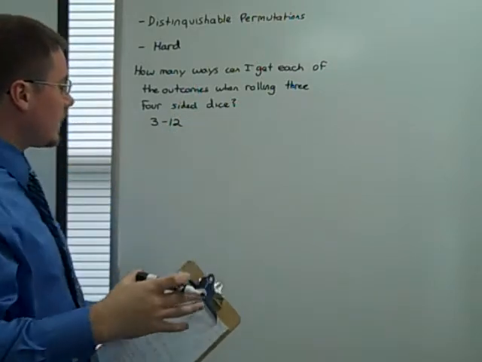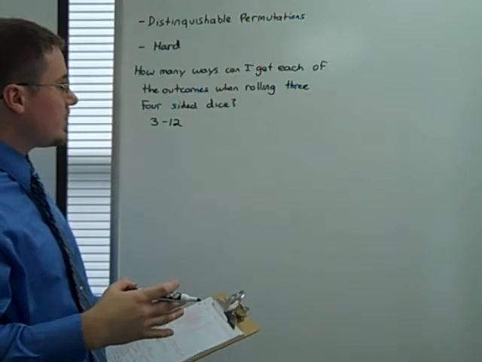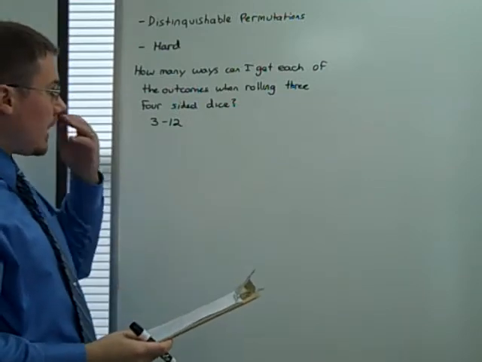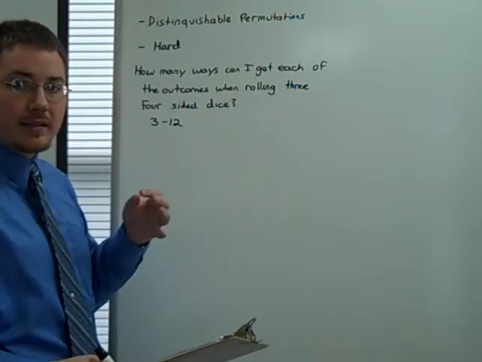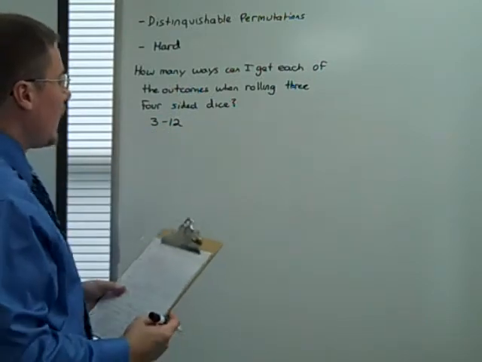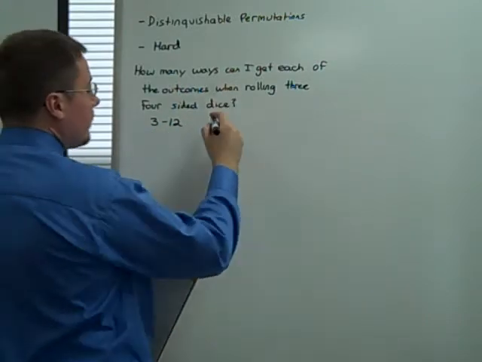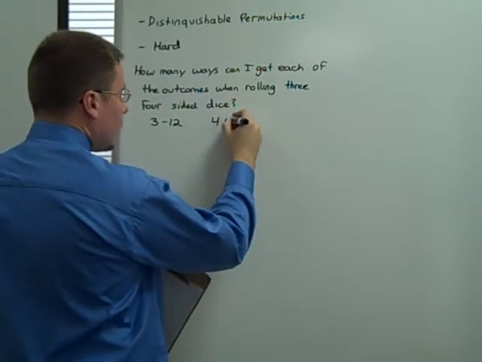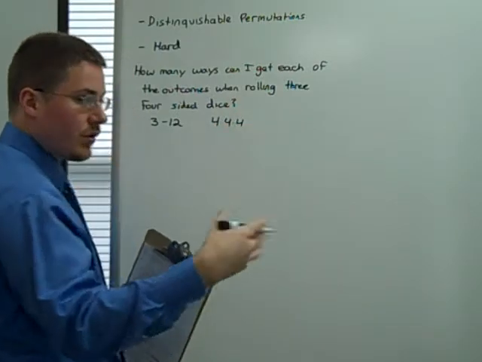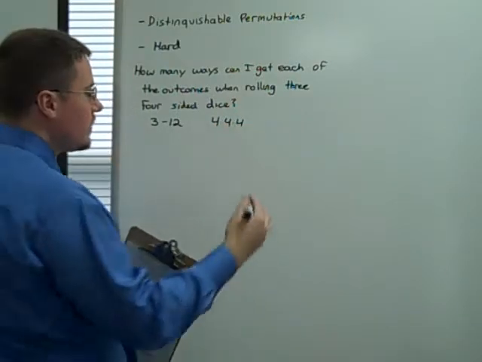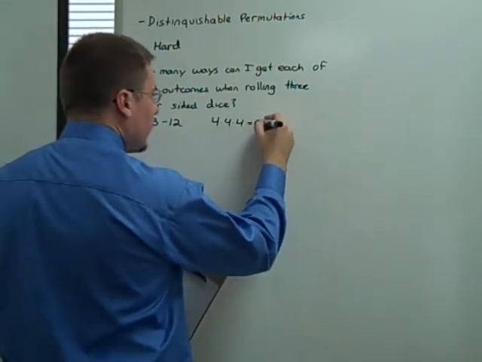Now, our basic knowledge of permutation says that there should be a total number of separate ways that I could roll them. And that is achieved by taking 4 times 4 times 4, because at each roll there are 4 independent choices, which is equal to 64.